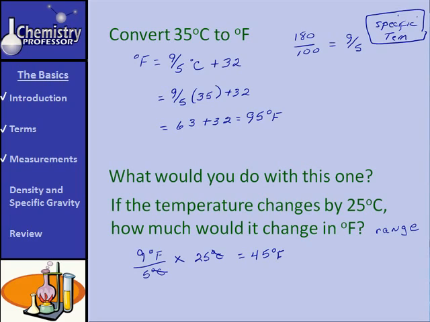Another way to look at it is like this. If it's going to change 9 degrees on the Fahrenheit scale for every 5 degrees on the Celsius scale, then how much is it going to change on the Fahrenheit scale for 25 degrees on the Celsius scale? And you'll come up with the same answer. X will be equal to 45 degrees on the Fahrenheit scale.